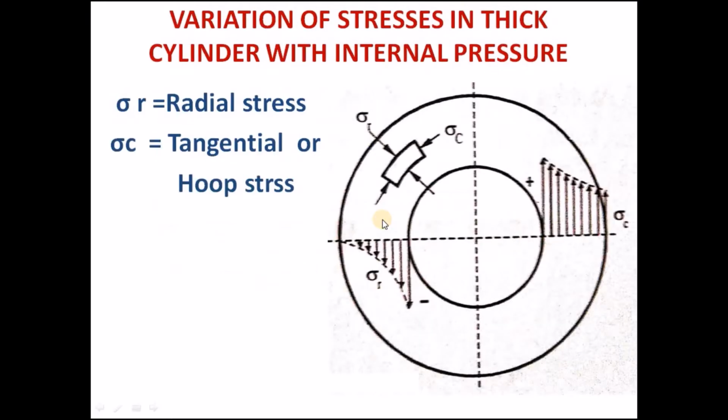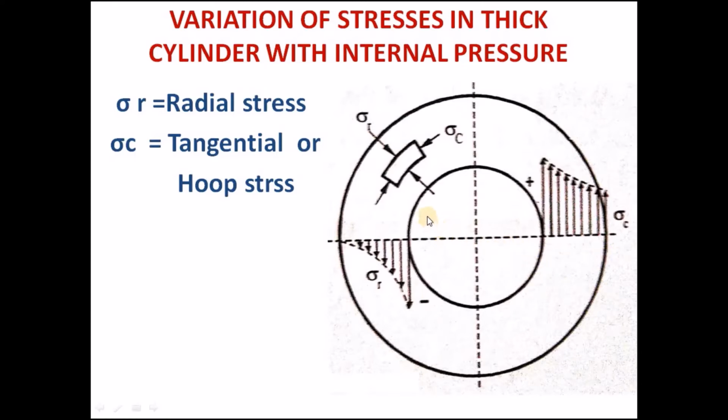Consider this is the cylinder cross section, with the inner diameter and outer diameter. In the case of a thin cylinder, the hoop stress is assumed to be distributed uniformly across the section.